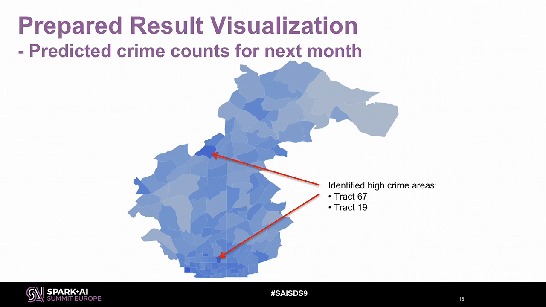If we look at the example in this chart, the next month's map of the crime intensity looks like this, and there could be two tracts that need more attention. The police department needs to put more force in these two areas, which is different from their historical behavior.